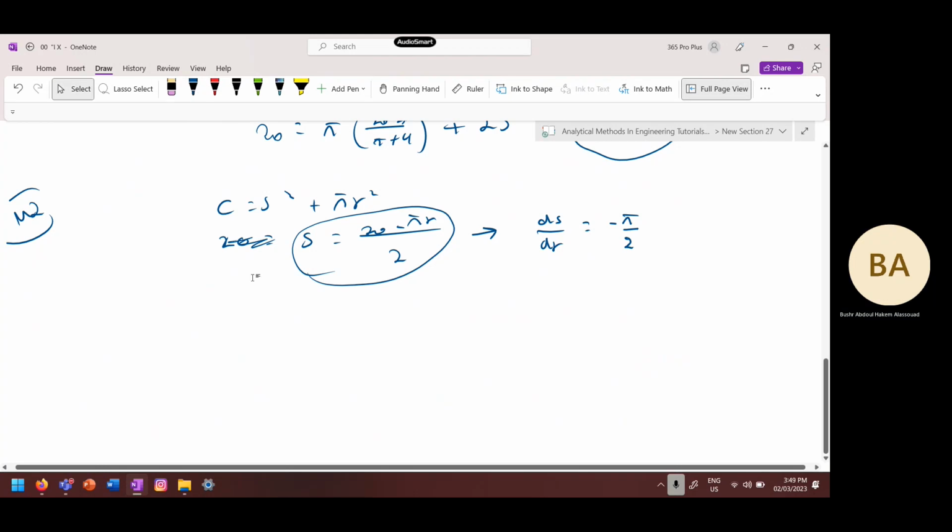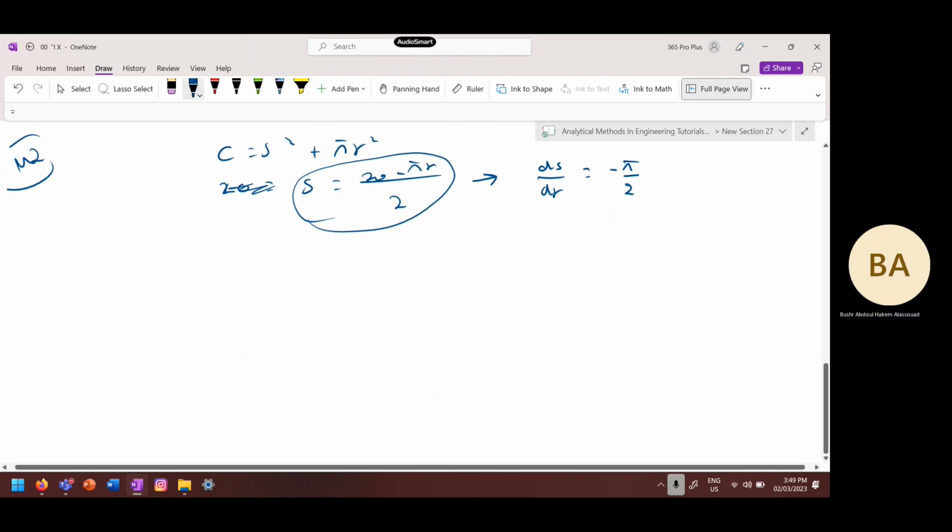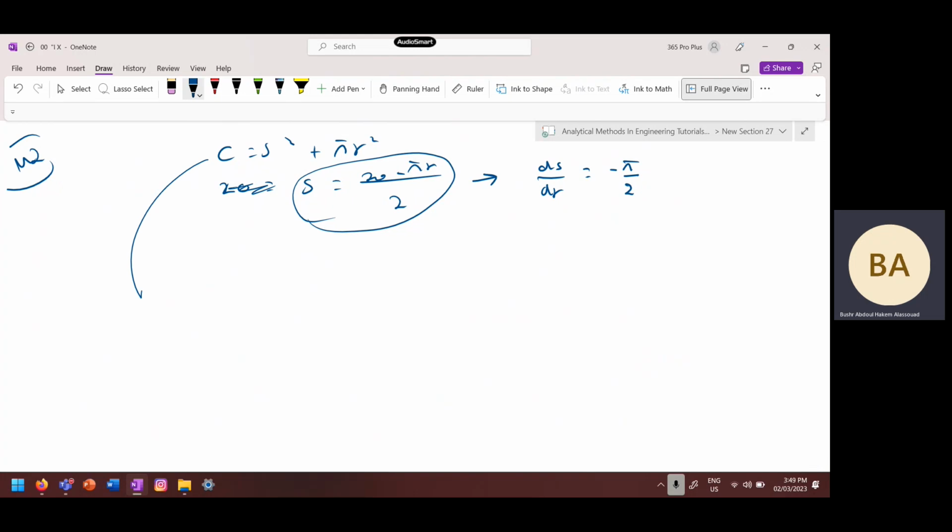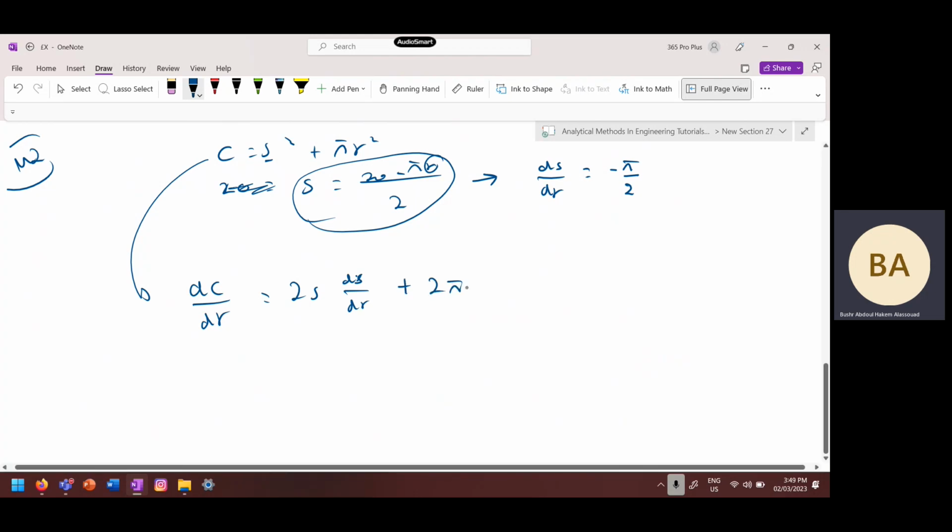Okay, now we'll have the cost function. We need to differentiate it without substituting yet. dc over dr. Now noting that s is a function of r, so it can be differentiated. It's not a constant in this case. So you'll have 2s ds dr plus 2 pi r equals to 0.